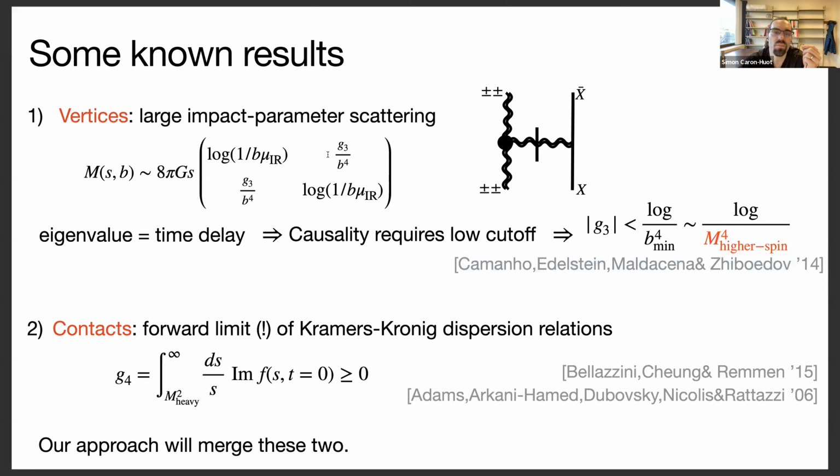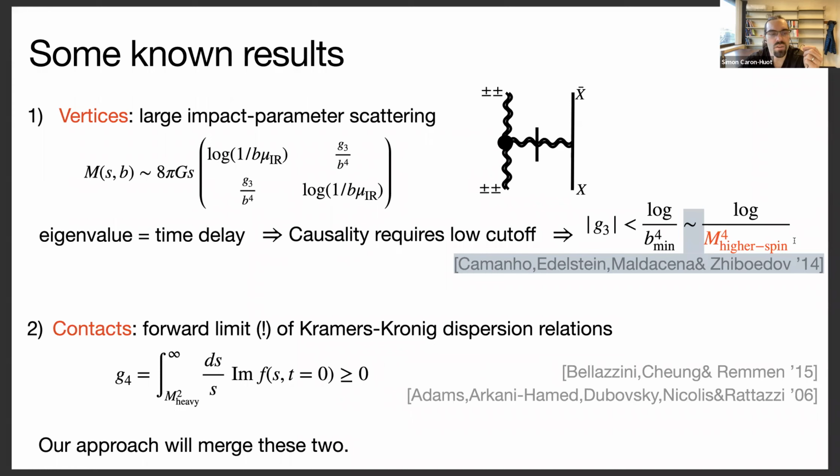And an interesting thing is that the derivative correction has different helicity structure, so it appears off the diagonal. So Einstein gravity always gives a time delay, that's fine, but with the correction, the eigenvalues of an off-diagonal matrix can be negative. So effectively, if you could trust this calculation in a regime where the off-diagonal dominates, you would violate causality. So somehow if this term is present, the cutoff has to be low. And then these people argued that the cutoff has to be controlled by the mass of higher spin particles. That's what we expect.